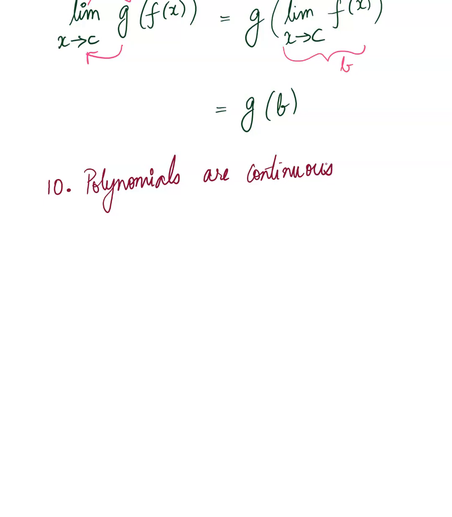Polynomials vary by degree. A polynomial of degree 1 is a linear function, degree 2 is a quadratic function, degree 3 is a cubic function. We have all these functions, and they don't have any gaps or breaks. They are continuous from end to end, so they are fine there.